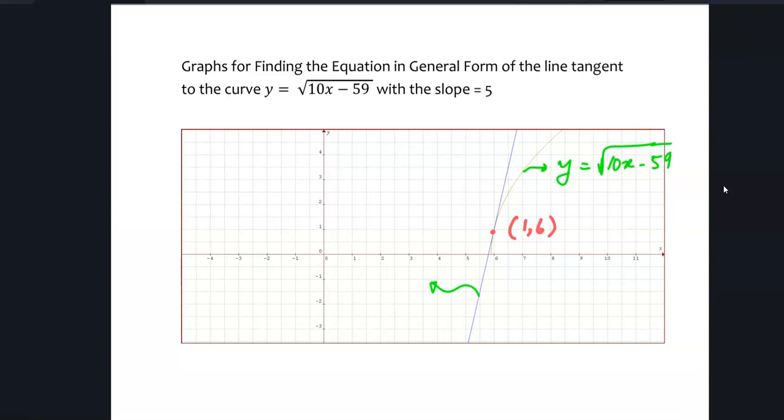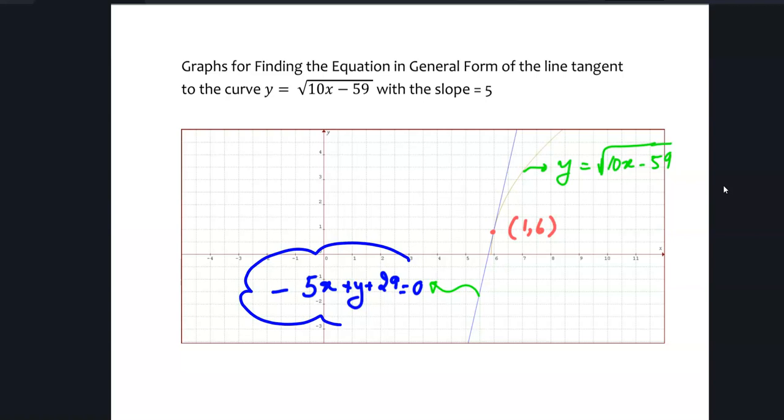And the equation for this one, which we found, is minus 5x plus y plus 29 equal to 0. So this is the equation for this line.